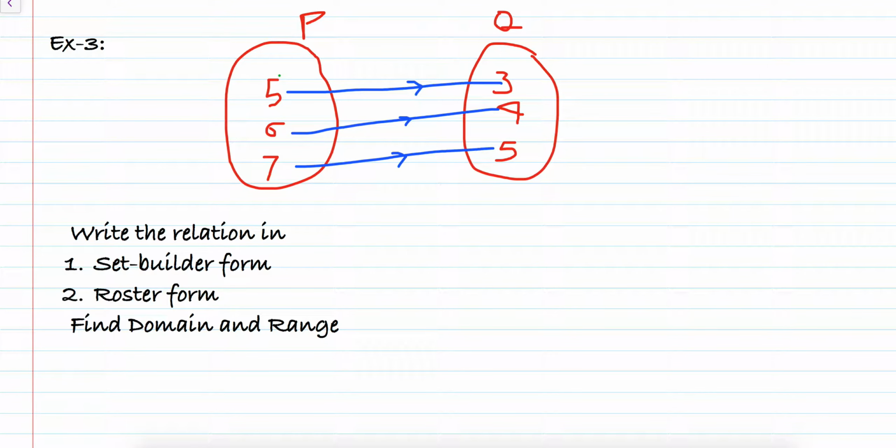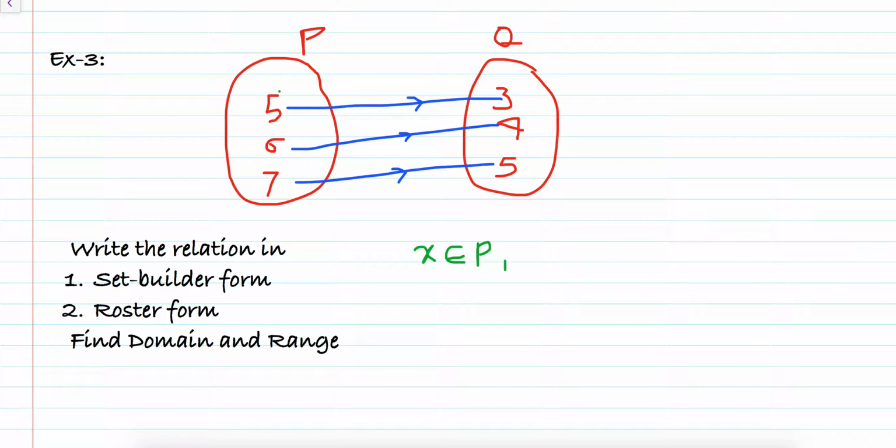So x should belong to P, y should belong to Q, and we are given x and y.